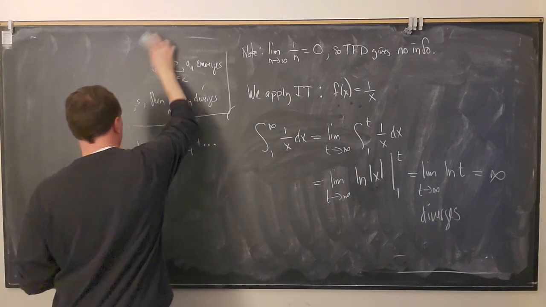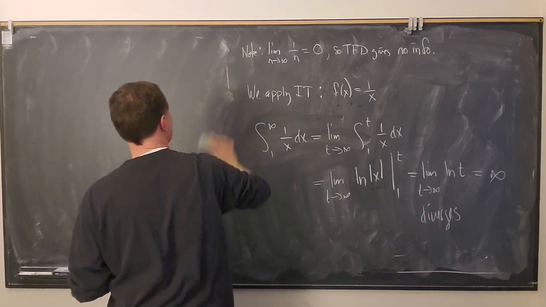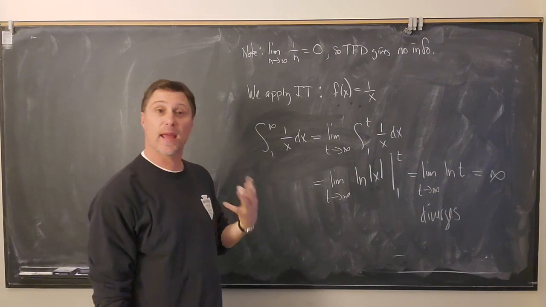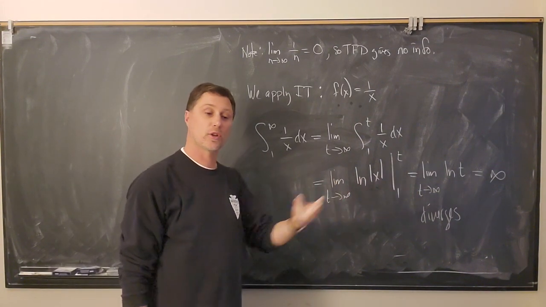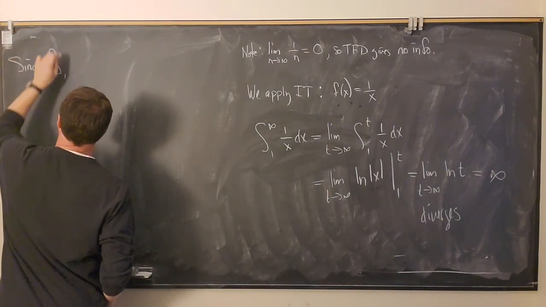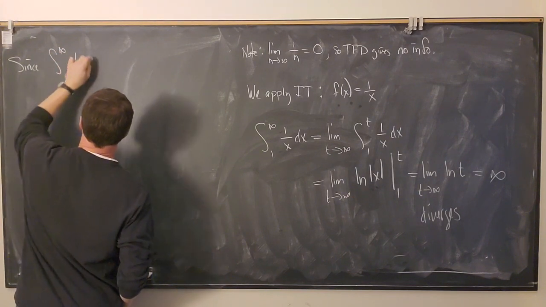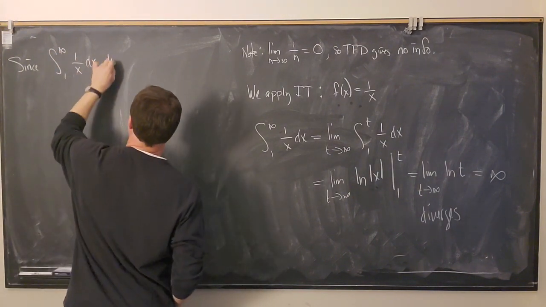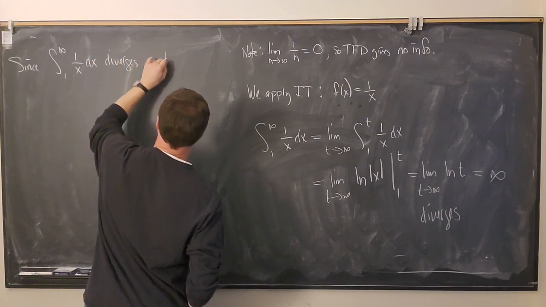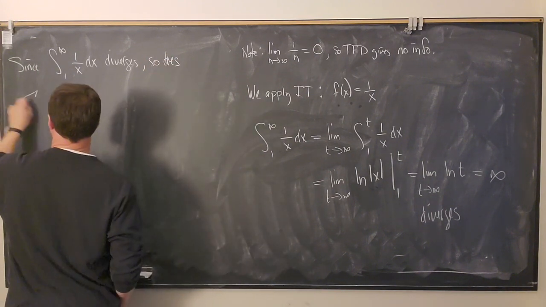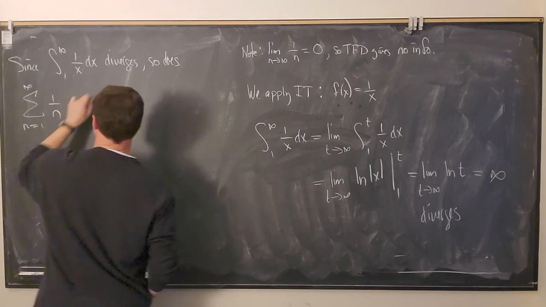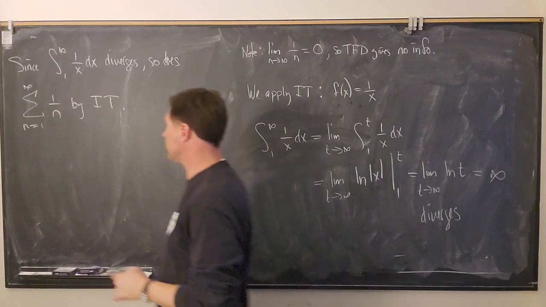So now we write down our conclusion. And remember, anytime you're studying series, the answer is not just a yes or no. It's an explanation of how you know that it's convergent or divergent. So we say, since the integral from 1 to infinity of 1 over x dx diverges, so does the harmonic series by the integral test.